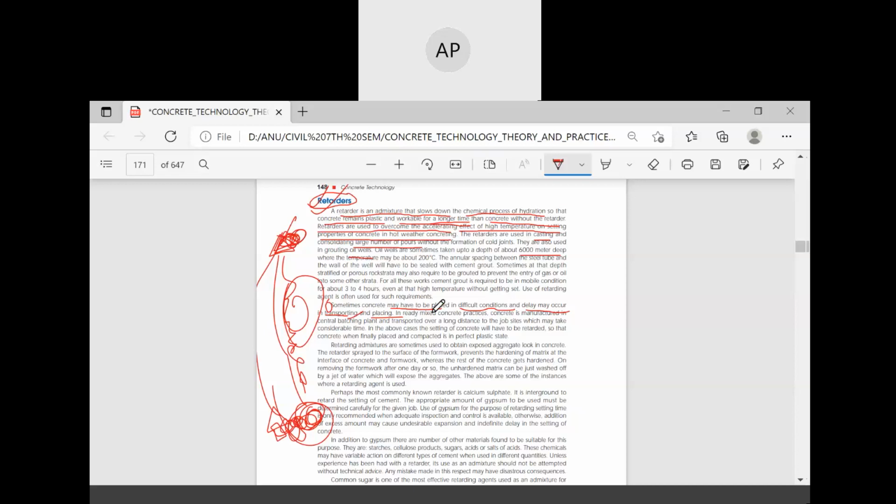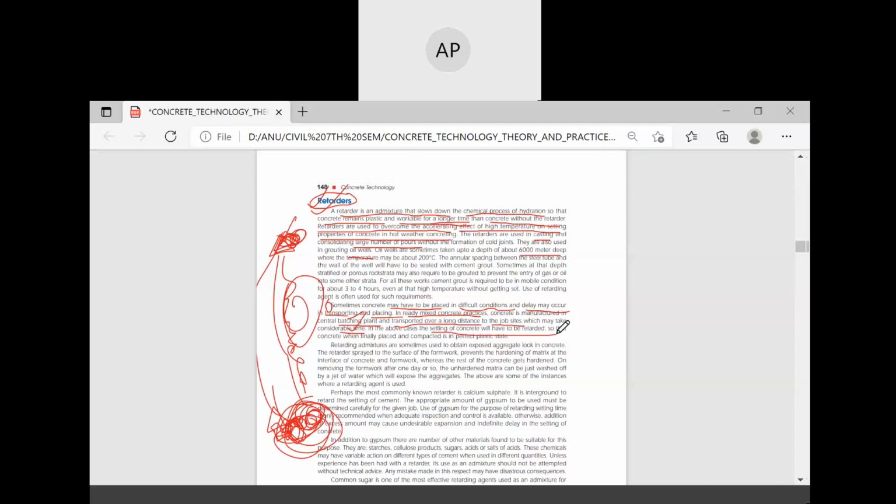In ready mix concrete practice, concrete is manufactured in a central batching plant and transported over a long distance to the job site, which may take considerable time. So in the above cases, the setting of concrete will have to be retarded. Because if we do not add any retarders or chemicals, what will happen? It will gain strength.